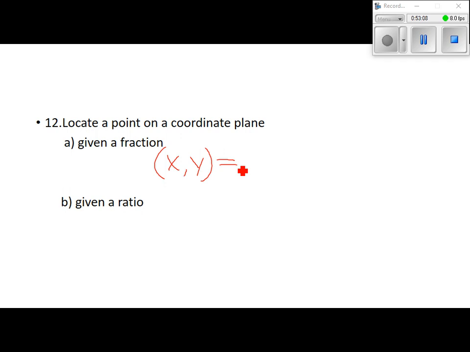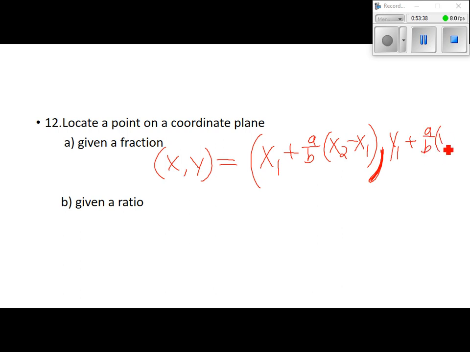If I have it memorized, probably not. It's right up here on the board, isn't it? x1 plus a over b times x2 minus x1, comma, y1 plus a over b times y2 minus y1.